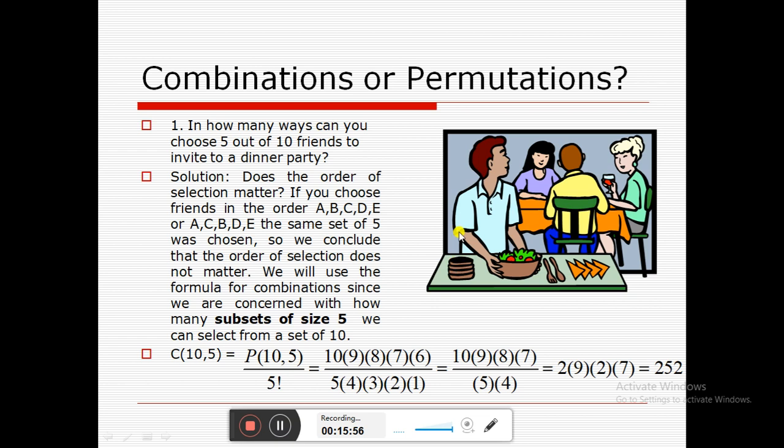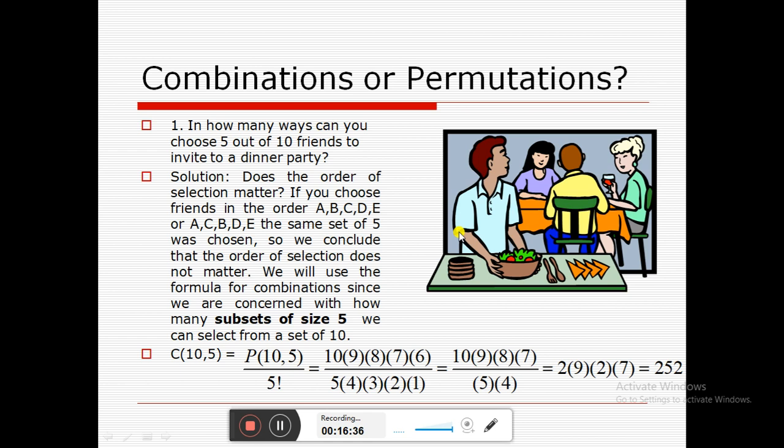Right. So in continuation, when are we to choose combinations or permutations? In how many ways can you choose 5 out of 10 friends to invite to a dinner party?